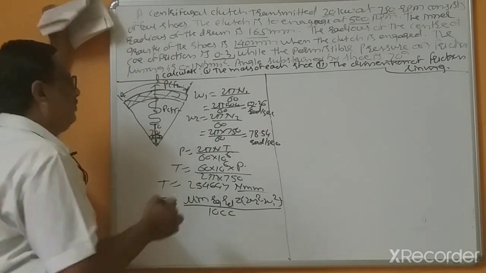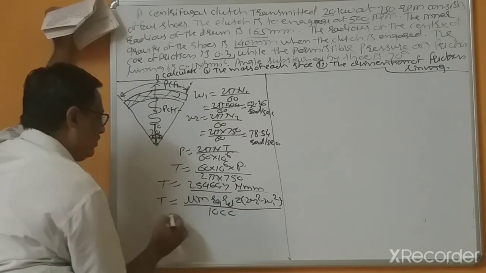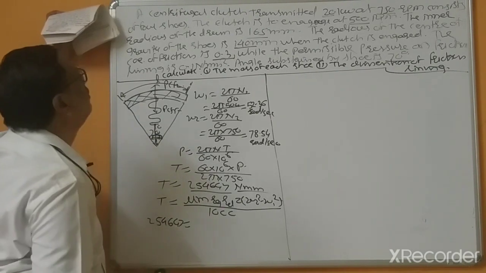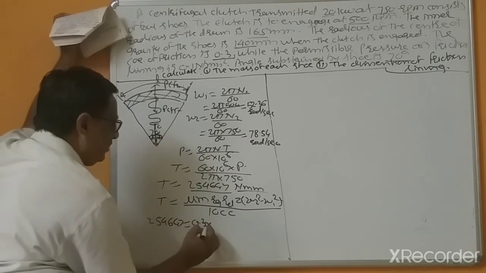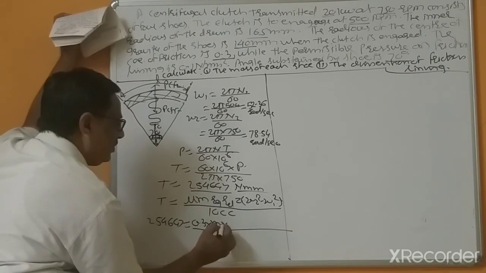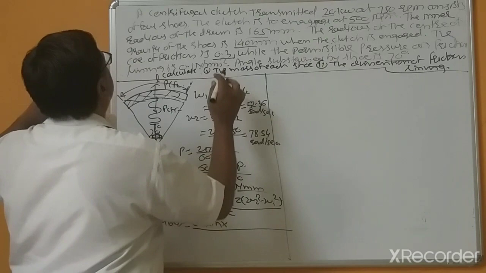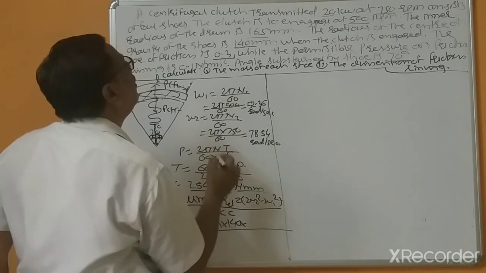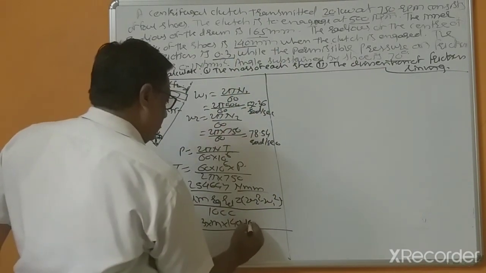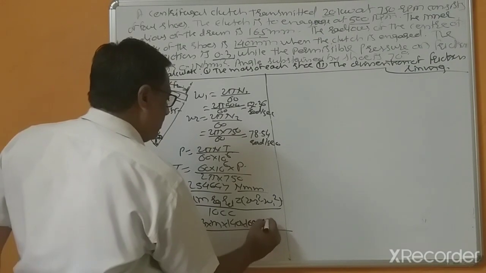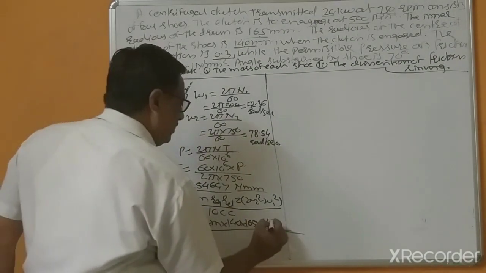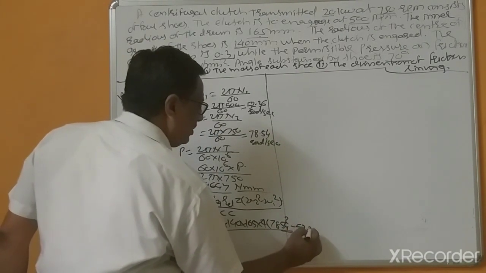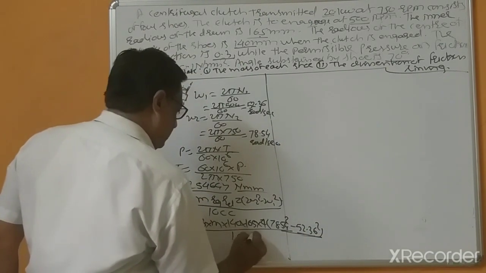Now we can put in the values. Torque is 254,647, mu equals 0.3, m is unknown, Rg equals 140, Rd equals 165, number of shoes is 4, and omega 2 square minus omega 1 square, 78.54 square minus 52.36 square, divided by 1000.